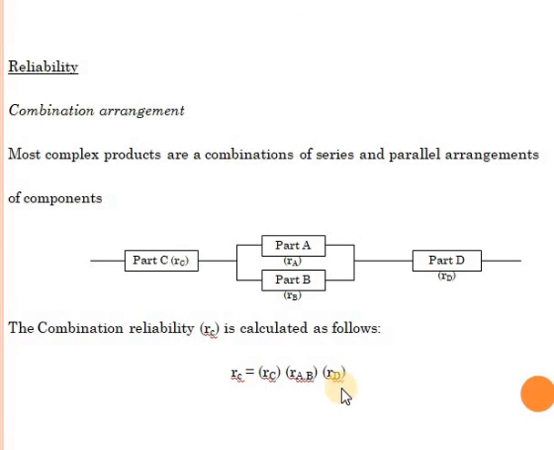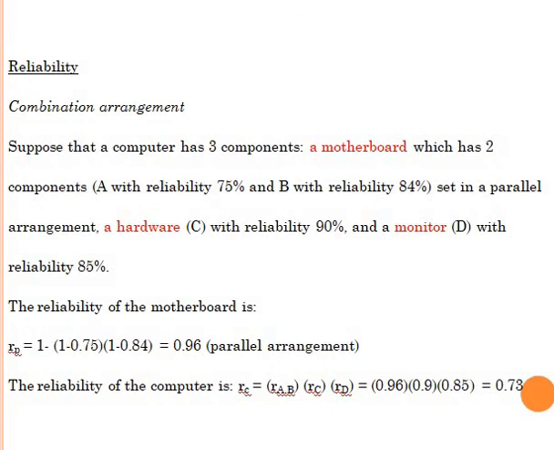So overall, it will be considered as a series arrangement, but of course, we have to get the final answer for the reliability of A and B, which is parallel. And the final answer, I will put it in series with C and D. It will be more clear using numbers.